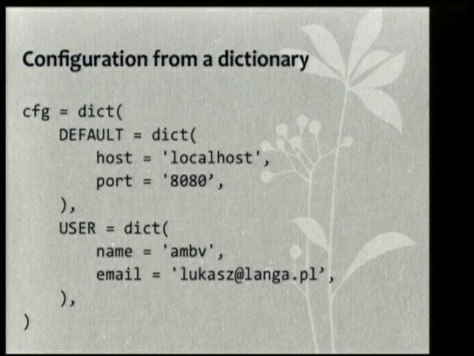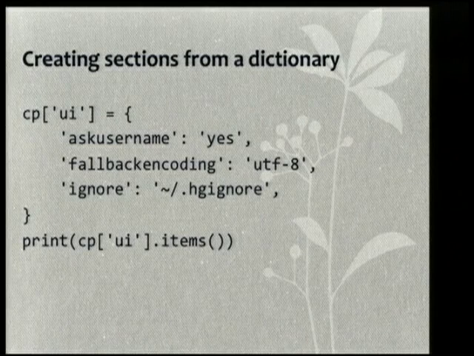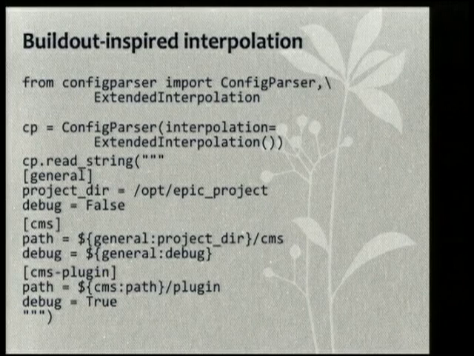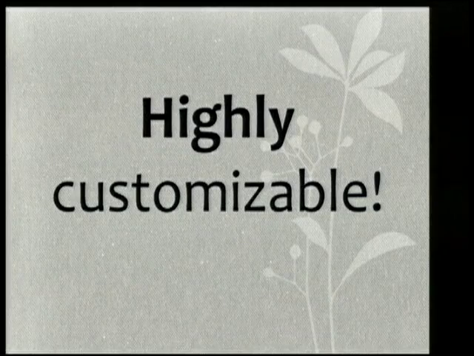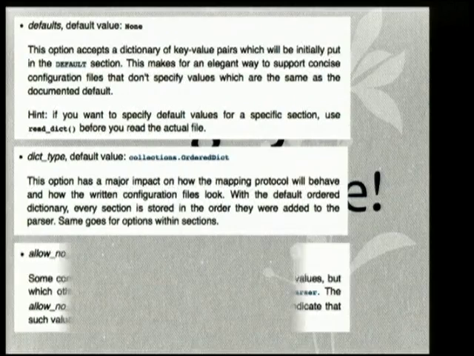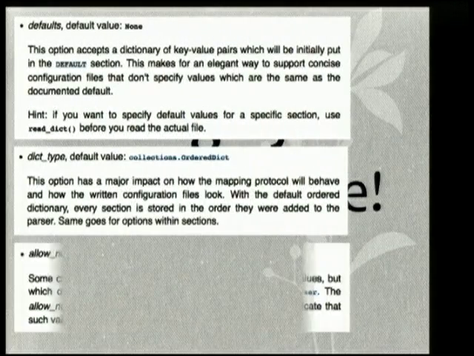It's very configurable, so you can fetch configuration from a dictionary, you can create sections from a dictionary. The output is like this. Yeah, and it supports even a buildout-inspired interpolation, which is kind of nice. It's highly customizable, which is all documented on our website. What happens here?